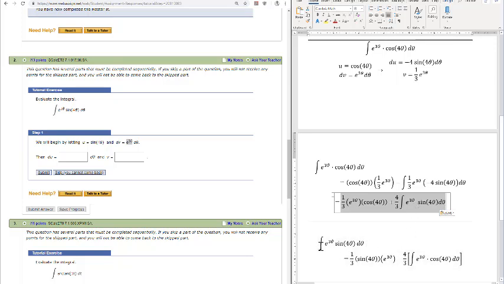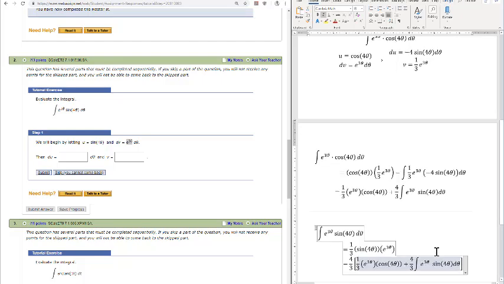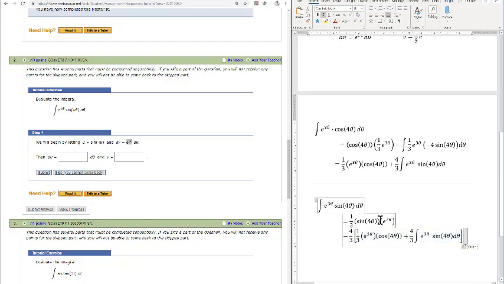Okay, so back to our problem. This is our original problem. You should see that it kind of looks like our original problem. And we wanted to replace this. Okay, so this is what we got. So I'm going to copy this whole thing and replace it here. All right, what do we have?